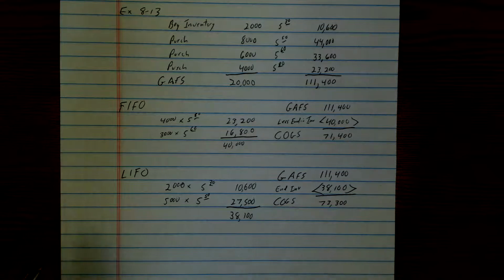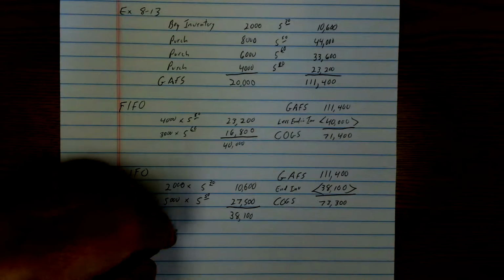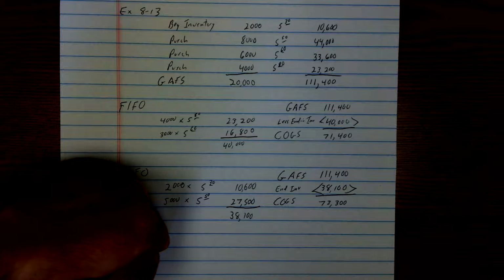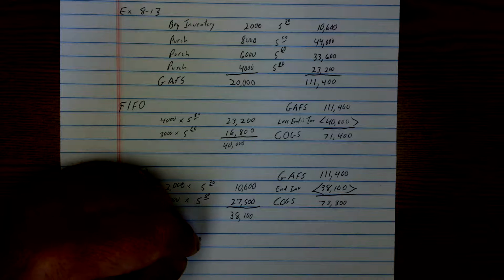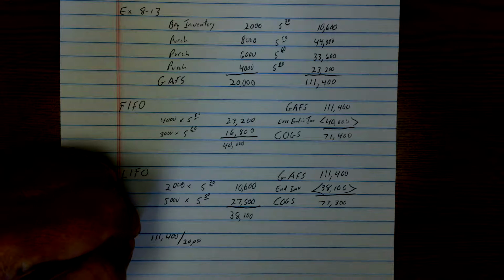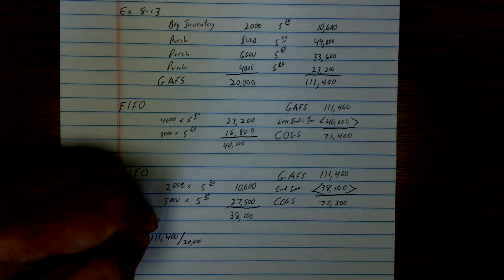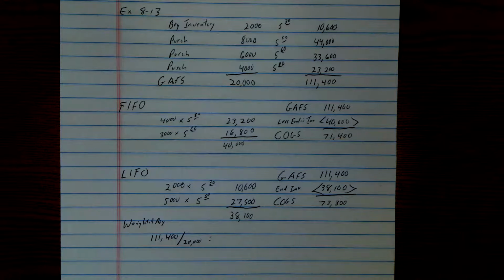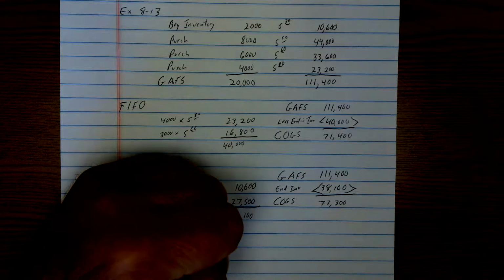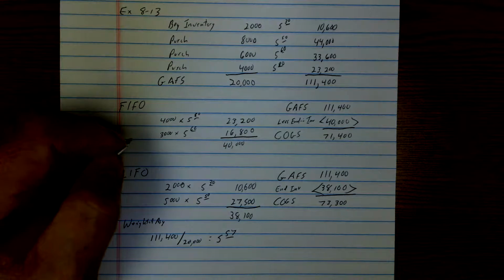And then under the weighted average, we take the $111,400 and divide that by 20,000. When we do that, we get $5.57 each.